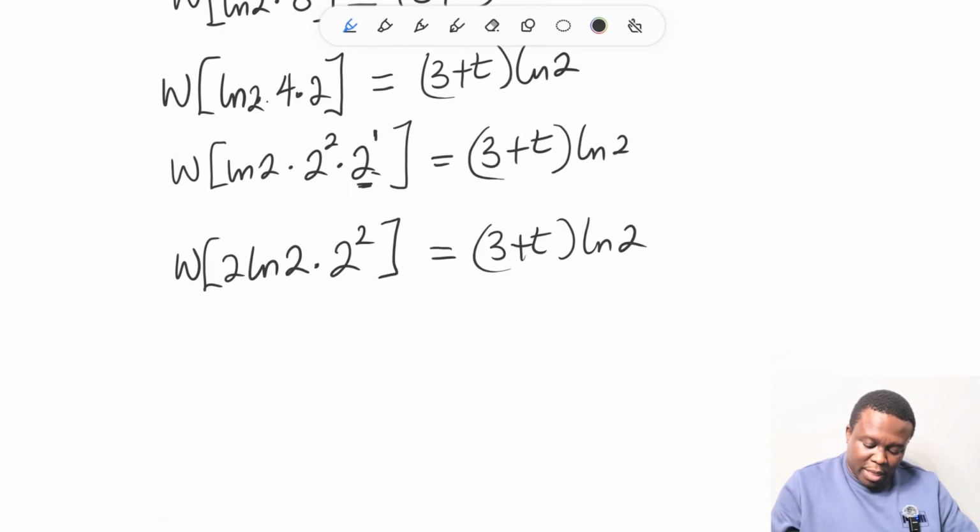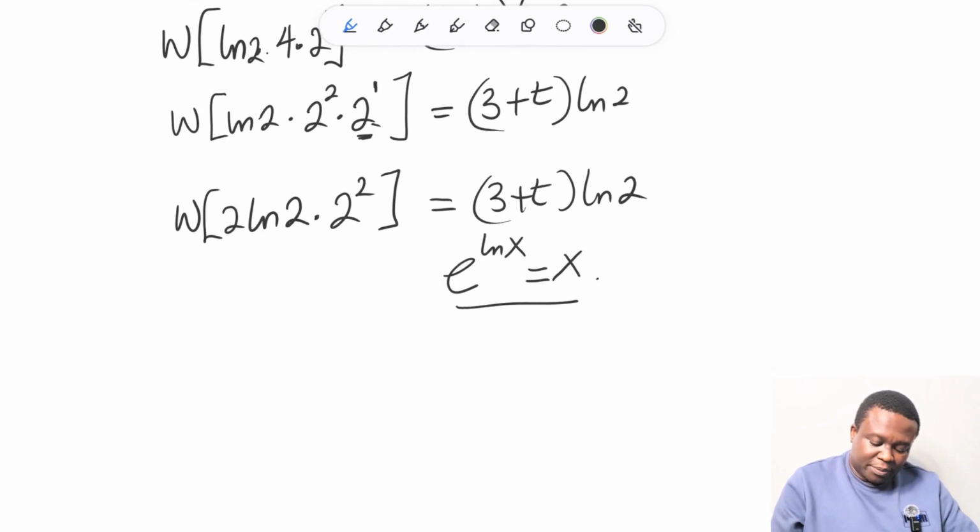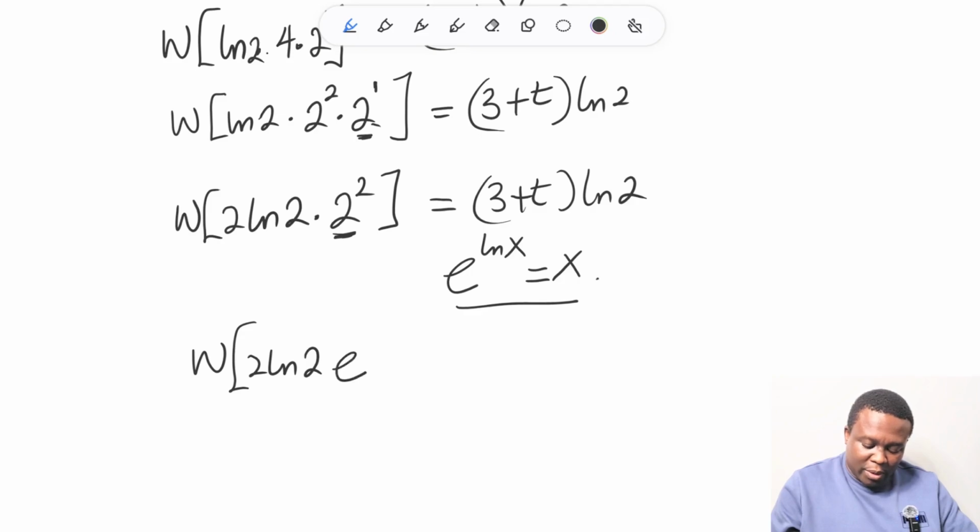If we now introduce our e ln of x formula to 2 raised to the power 2, it becomes 2 ln of 2 e raised to the power ln 2 raised to the power 2.